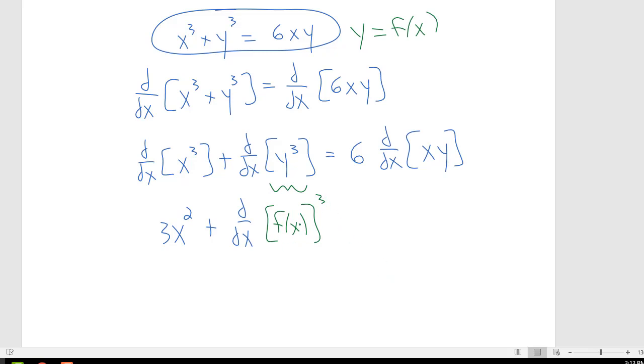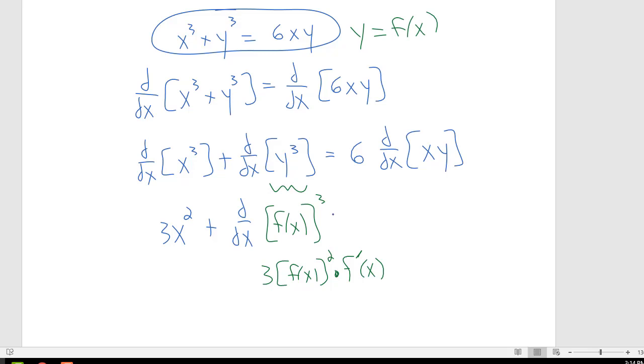So whatever this equation is, the function is the inside, the cube is the outside. So I differentiate the outer first, bring the 3 down, take 1 away. And then the chain rule says multiply by the derivative of the inside. So what's the derivative of f of x? Well, it's f prime of x. That's what its derivative is.